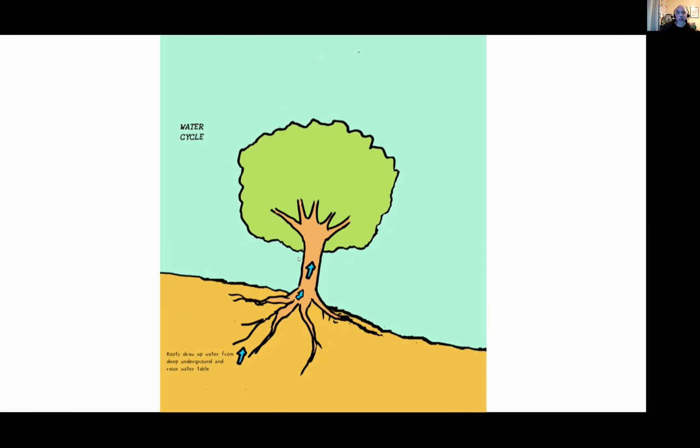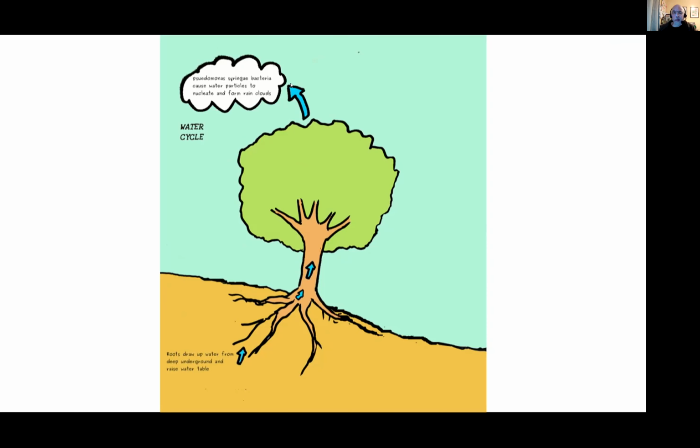So that's constantly pulling up this water through the tree and, through transpiration, releasing that into the atmosphere.